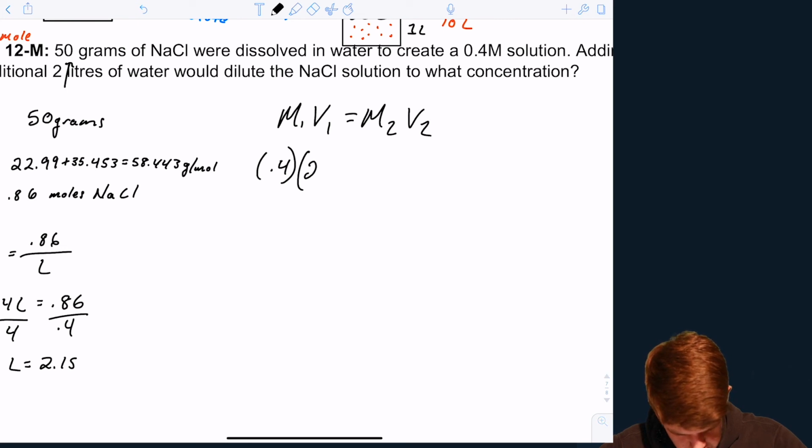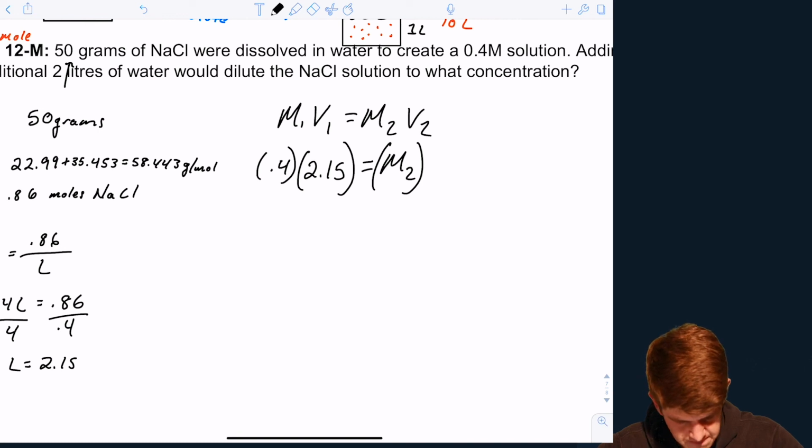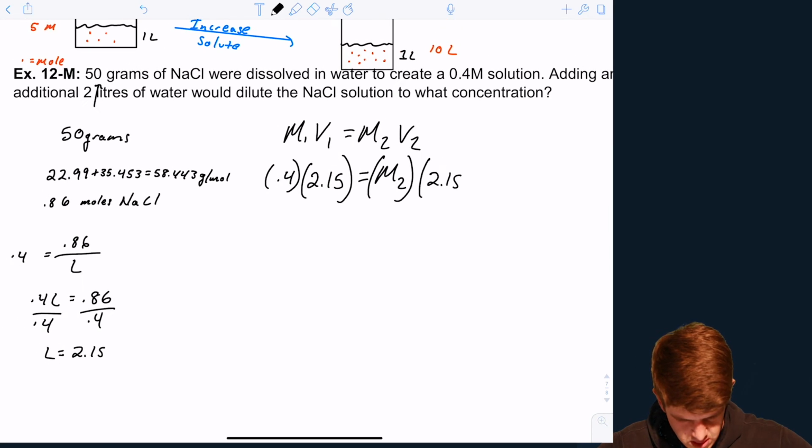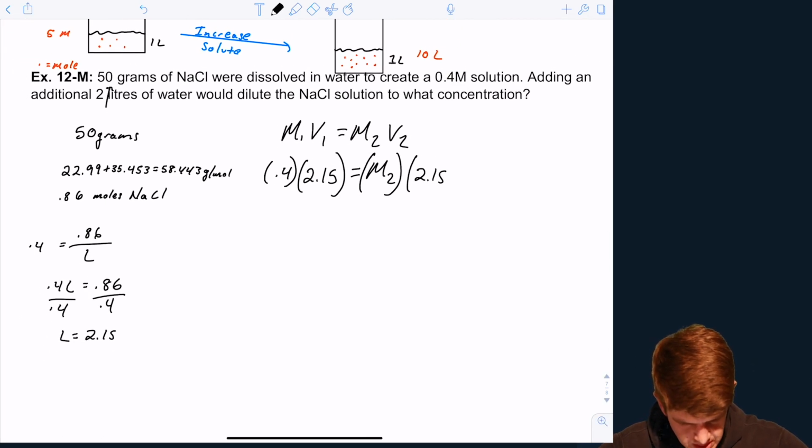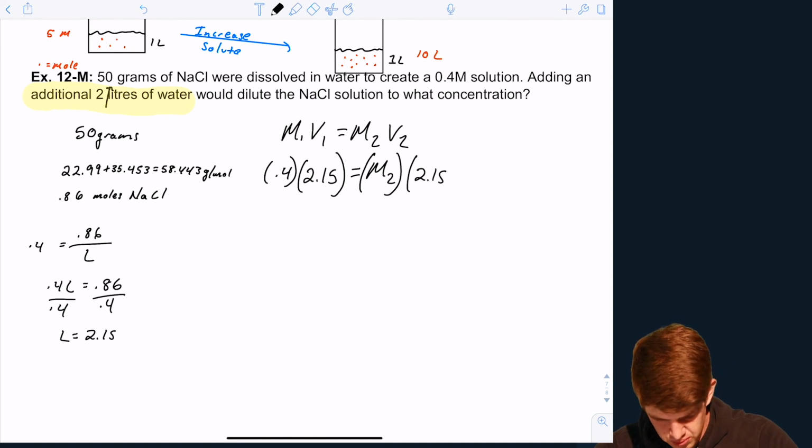The volume is 2.15, and that is going to equal some value of M2 times V2. Well, as it says, we added an additional 2 liters. So this was a dilution. We increased the solvent. So V2 is 2.15 plus 2.